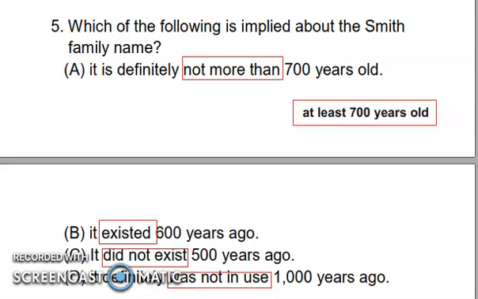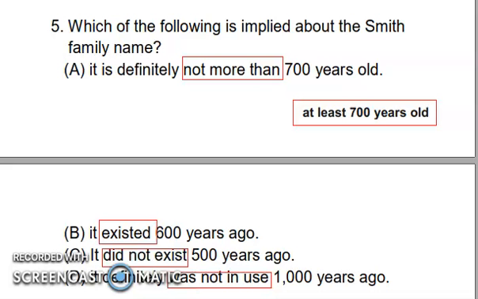Why? Here the writer put the number 700 years. That is because she or he is for sure that this is probably 700 years.